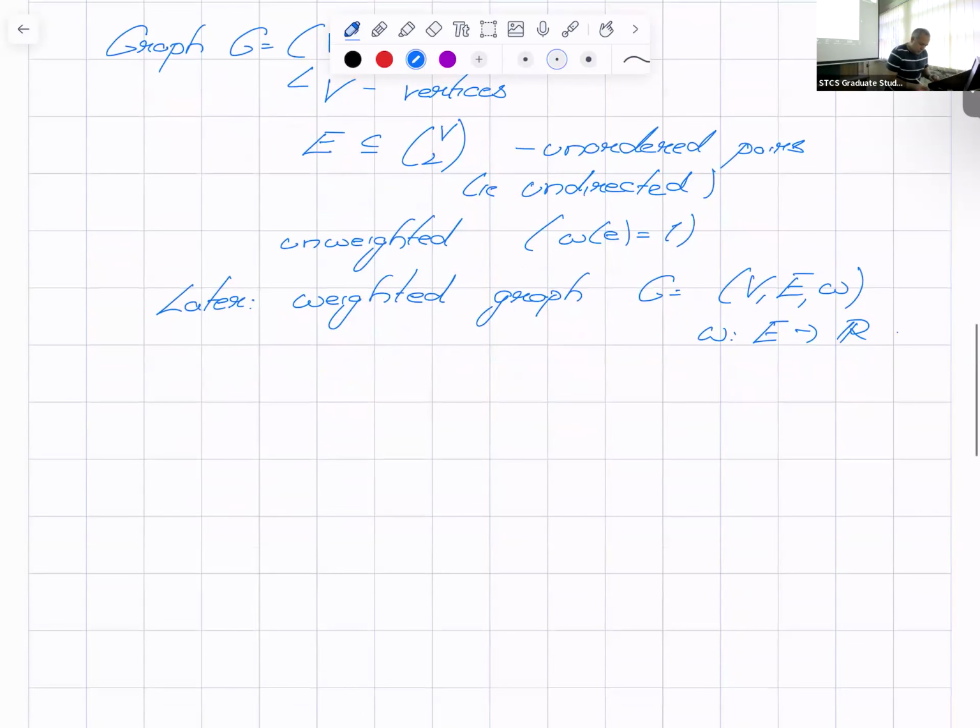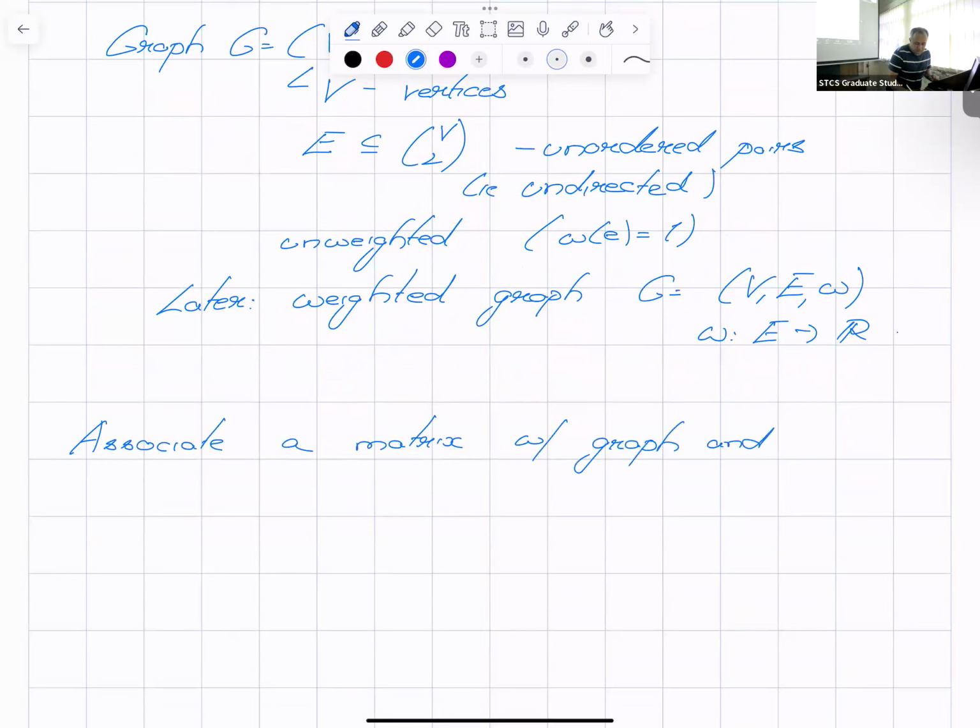So we're going to associate a matrix with the graph, and understand the eigenspectrum of this matrix.